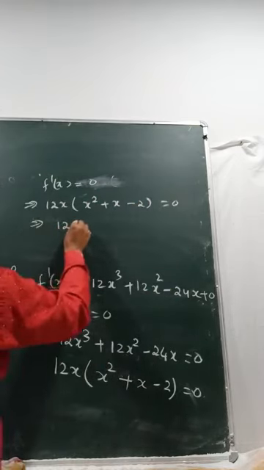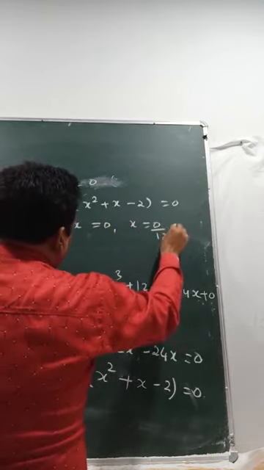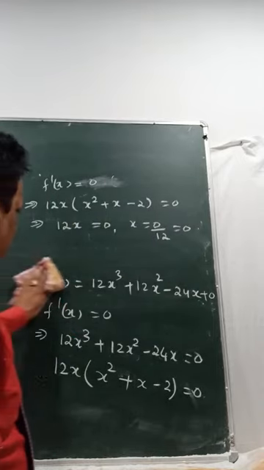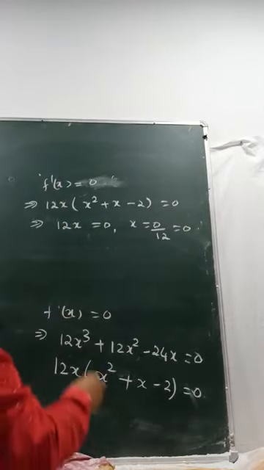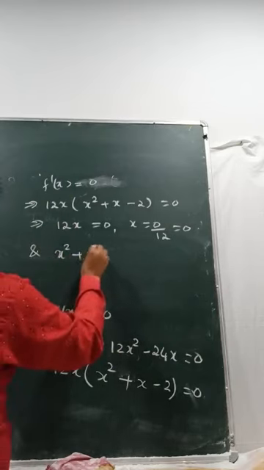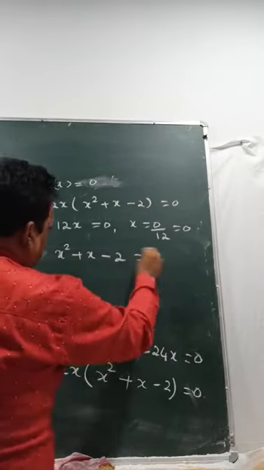Implies 12x equals 0, x equals 0. Then x square plus x minus 2 equals 0.